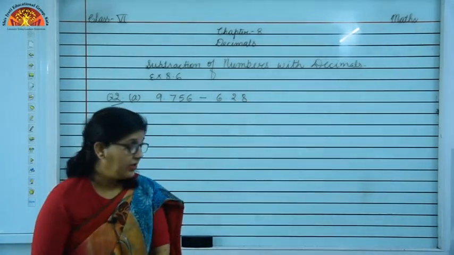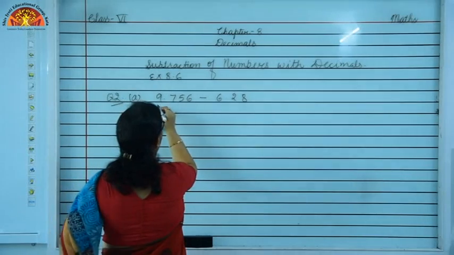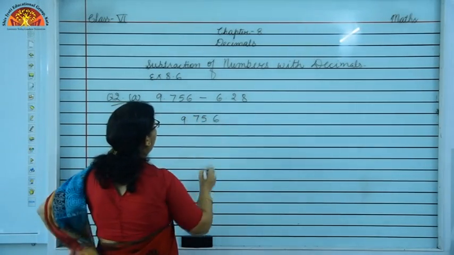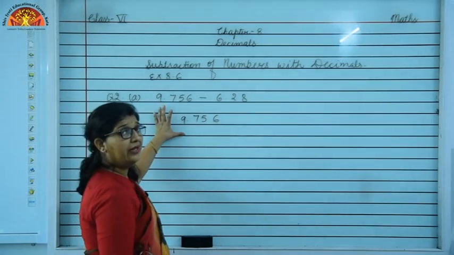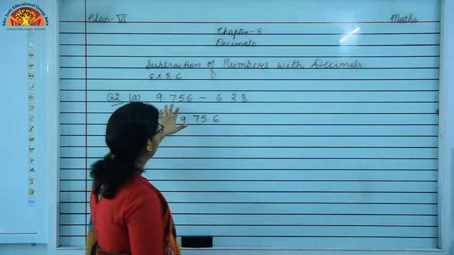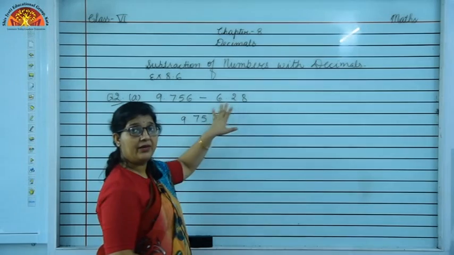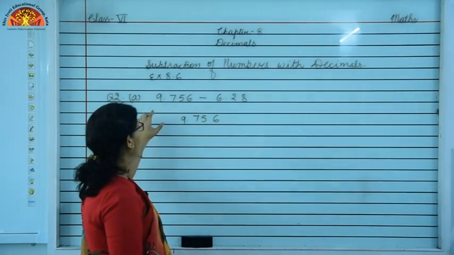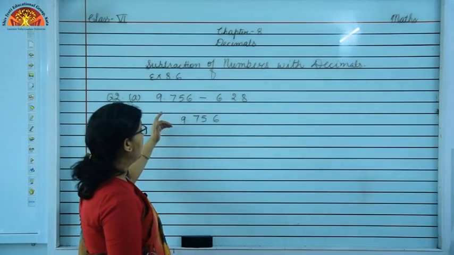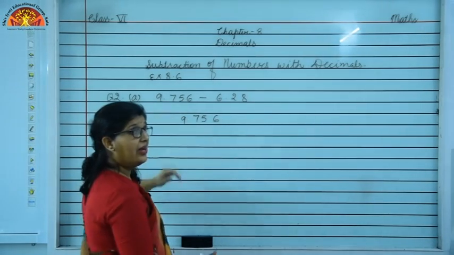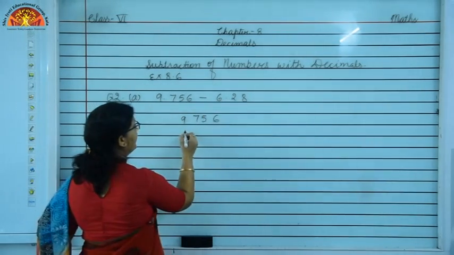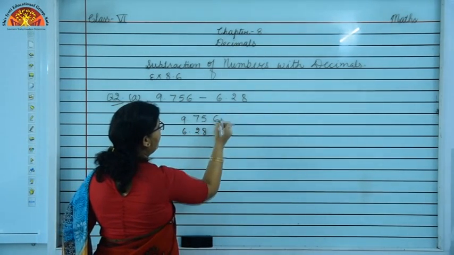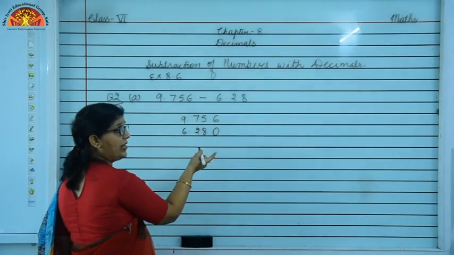Now students, first we write 9.756. अब यहाँ पर from वगैरह नहीं है. This is the greater number and this is the smaller number. By observing, this is 9 and this is 6. So which number is greater? 9.75 is greater, so we write first 9.75. After that we write 6.28, and we put 0 to convert into like decimals.